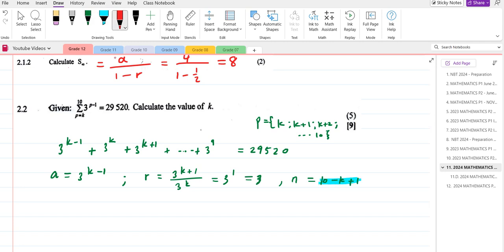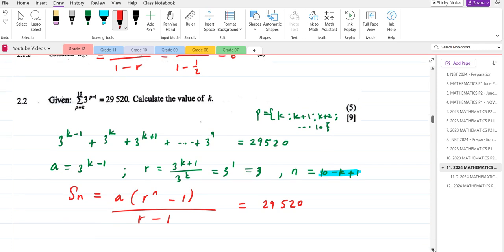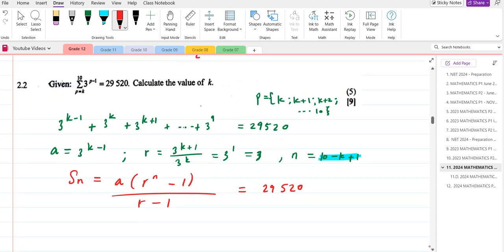Now we can solve this because that's the Sn formula, right? And we can see the sum of the series is very large, so I will use the formula a into r to the power n minus 1 over r minus 1, and that's equal to 29,520. We know the number of terms, which is 10 minus k plus 1.